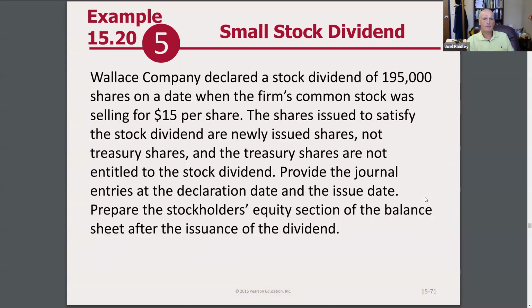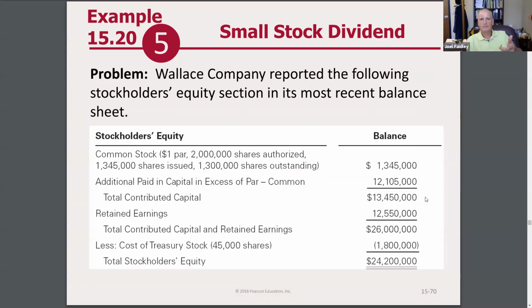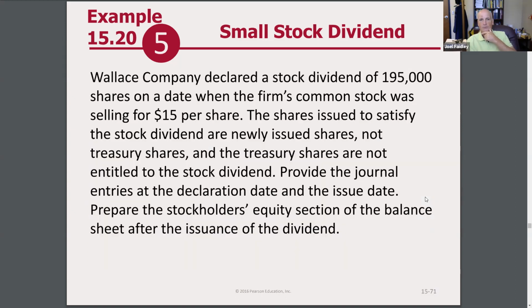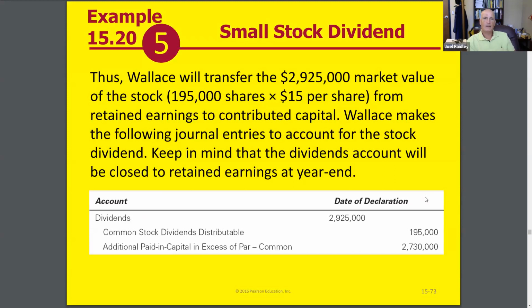All right, it's 15%, so this is a small dividend. 195 divided by 1.3 million. Remember, 1.3 million is not 1,345,000 or 2 million. It's 1.3 million that is eligible for dividend, even a stock dividend. So 15% of 1.3 million is 195,000 shares.